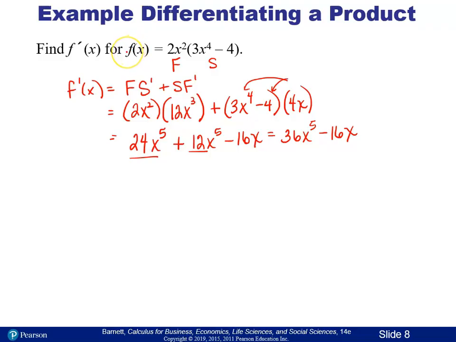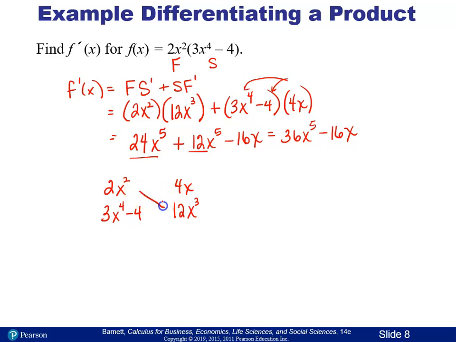If I wanted to use what I'm going to call the box method, with the box method, you set it up and you have your two functions, so your first function and your second function. And then we know we're going to have the derivative, so we're going to go ahead and take the derivative of each one. So the derivative of this would be 4x. The derivative of this would be 12x to the third.